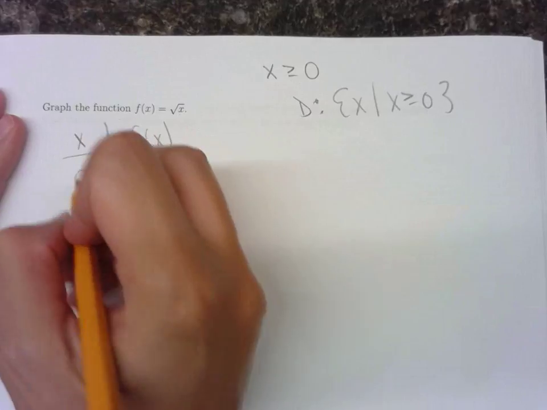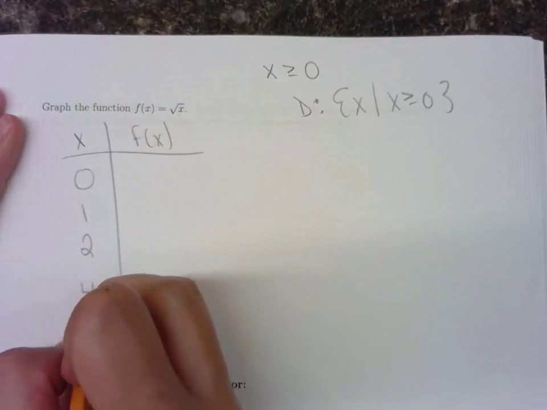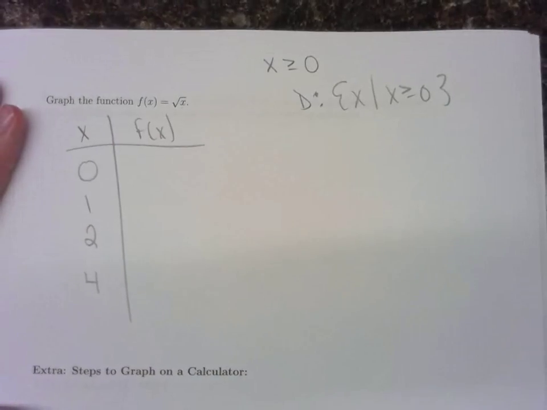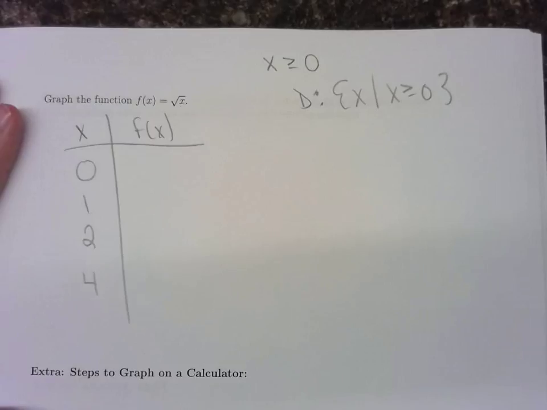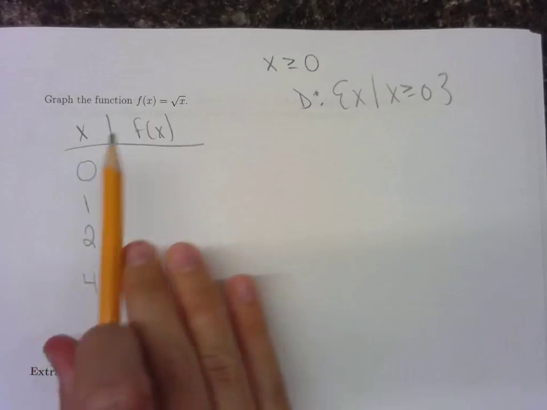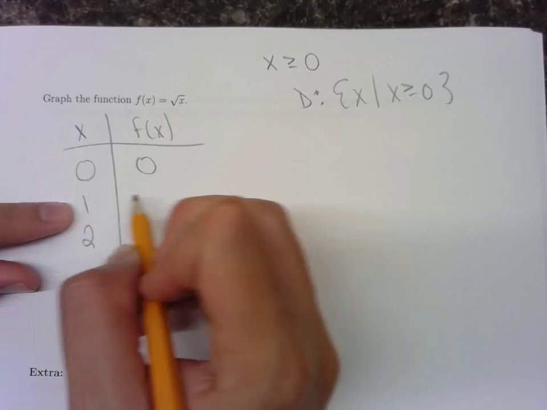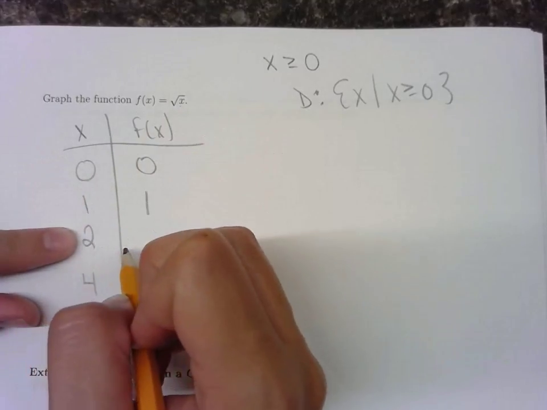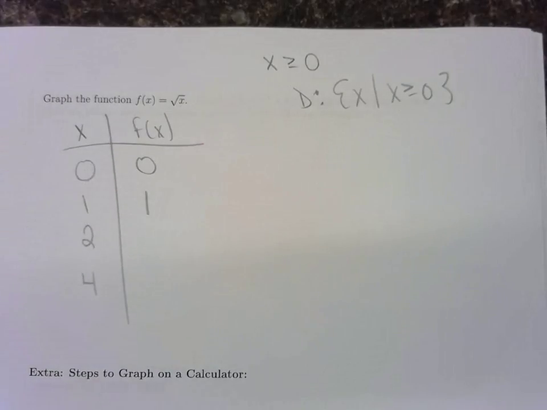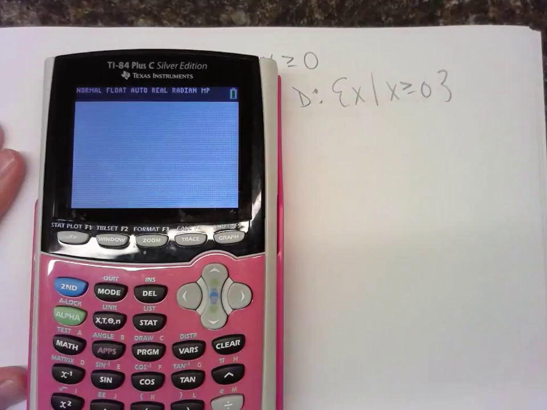So let's do 0, 1, 2. I also want to do 4 here. Okay, so this function says take your input, take the square root. Square root of 0 is 0. Square root of 1 is 1. Square root of 2. You probably don't have that memorized, so I'll do that with you.